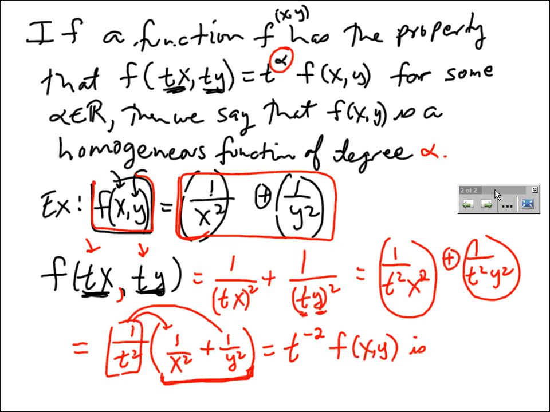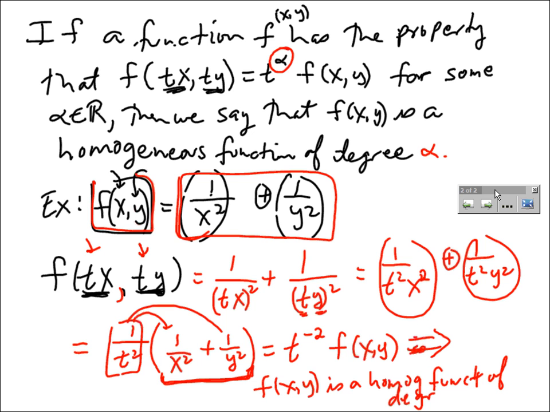So this implies that f of xy is a homogeneous function of degree -2. It clearly said in the definition for some alpha in the real numbers. That power is the alpha.